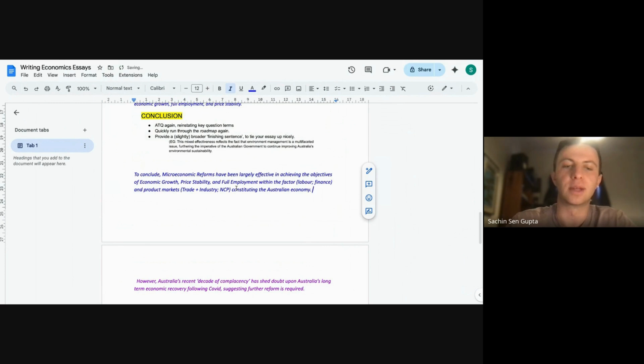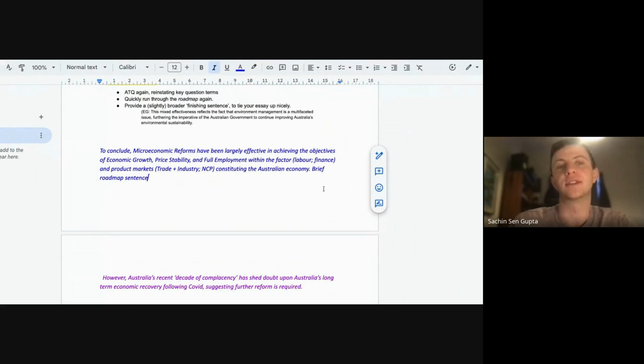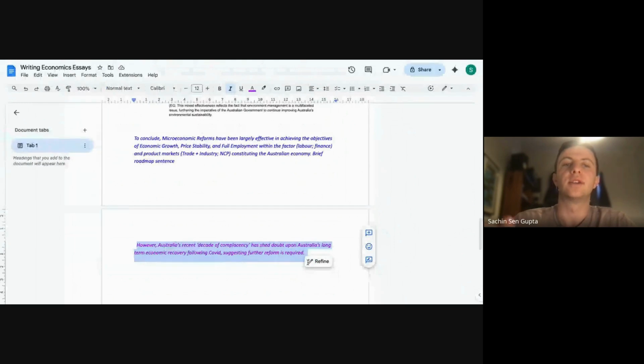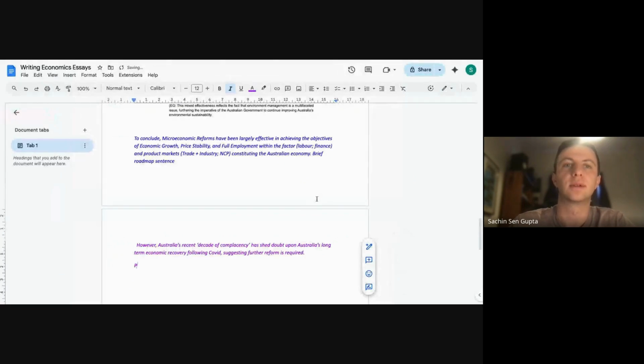We can just mention them really briefly, like a brief roadmap sentence. In this case, I didn't even do it, and you could probably get away with it, but I think it's a good principle to give a really brief roadmap sentence summing up what was had. And then once again, a really broad 'however', just to put it into context of what's really going on. Once again, I mentioned Australia's recent decade of complacency is a big issue that we should focus on moving forward. So in essence, this last sentence is somewhat prospective, a bit of a forward-looking thing.